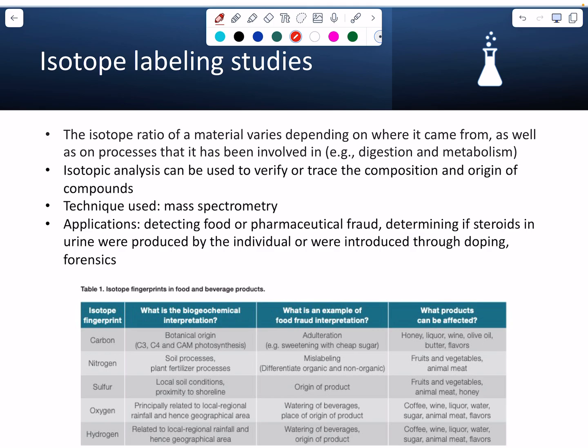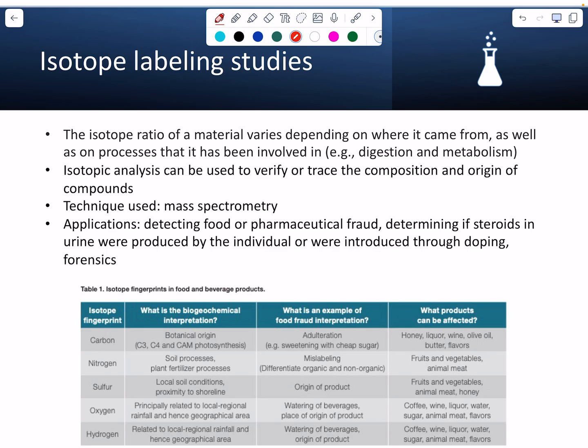So just another word about isotopes. We can use our knowledge of isotopes to do a lot of really useful things. If you're looking for some weekend reading, there are two articles posted on Brightspace.